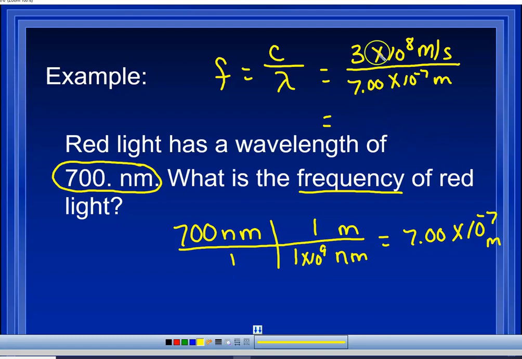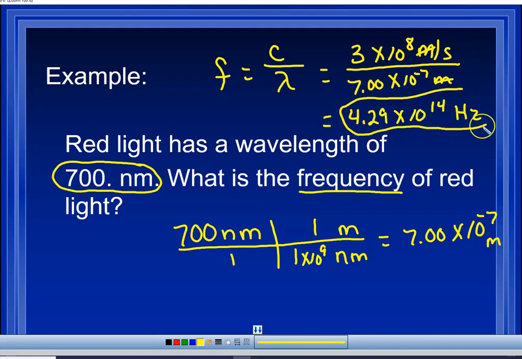So make sure that you're getting the answer that I'm getting here, which is, we're going to do 3 sig digs because there's 3 sig digs there, 4.29 times 10 to the 14th. Can you see those meters canceling out and I'm left with a per second? Per second is the same thing as a hertz, which makes sense because that's your frequency. All right, super friendly. They're just some physics type problems. I'm supposed to teach you some of the calculations that are involved with light.